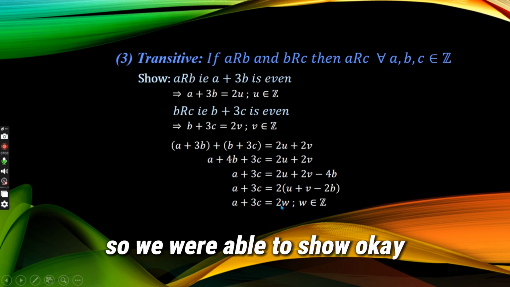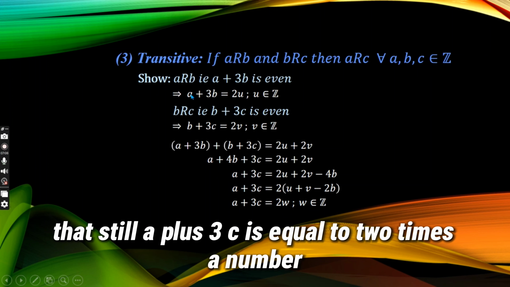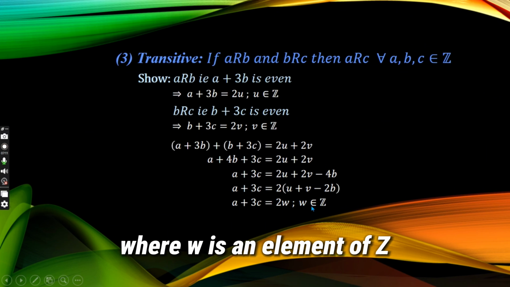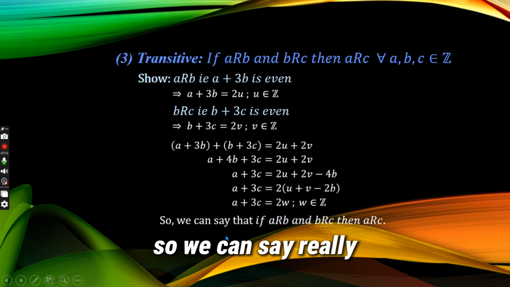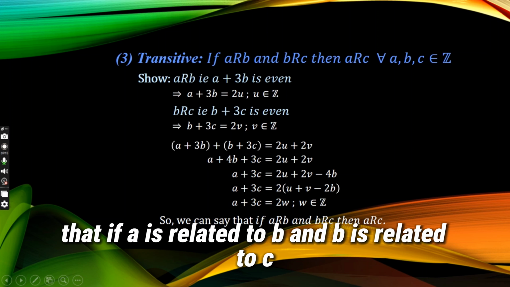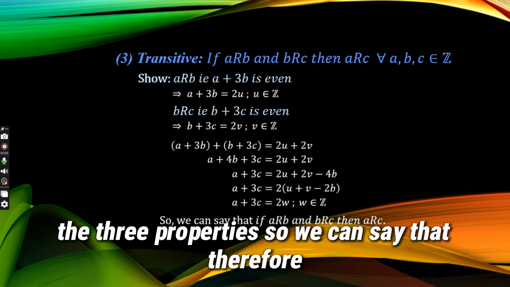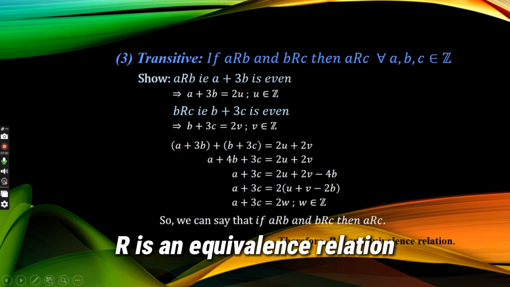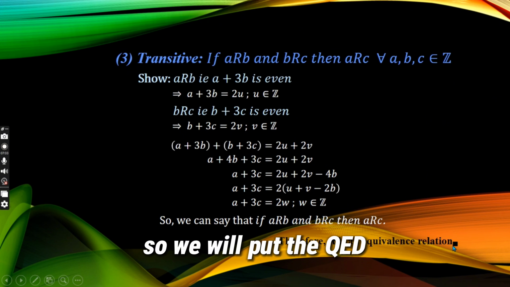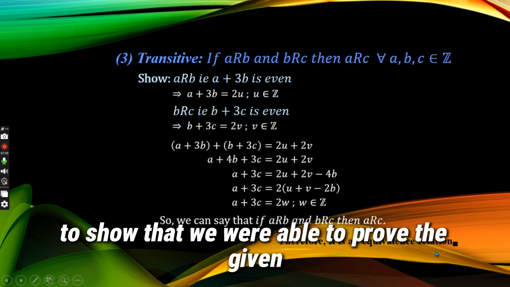So we were able to show that a plus 3c is equal to 2 times a number, where w is an element of Z. So we can say really that if a is related to b and b is related to c, then a is related to c. So we were able to show the three properties. So we can say that therefore R is an equivalence relation. We will put the QED to show that we were able to prove the given.